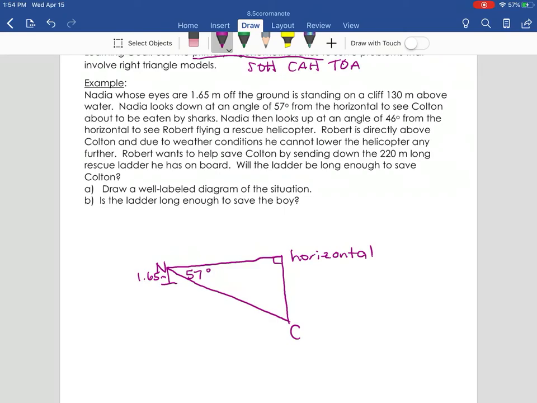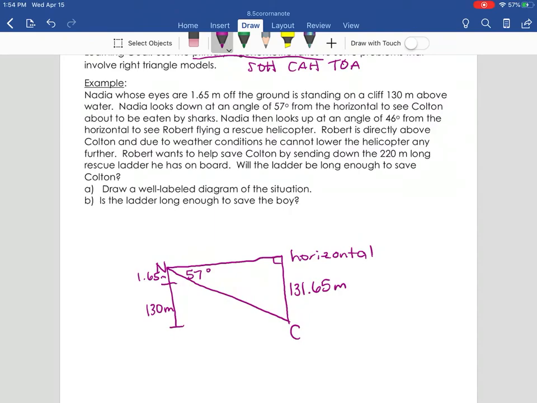But there's a little bit of extra distance: once she's standing on a cliff, how tall is that? Well, that is 130. So the distance from the horizontal to Colton, or point C, is 1.65 plus 130, which is 131.65 meters.